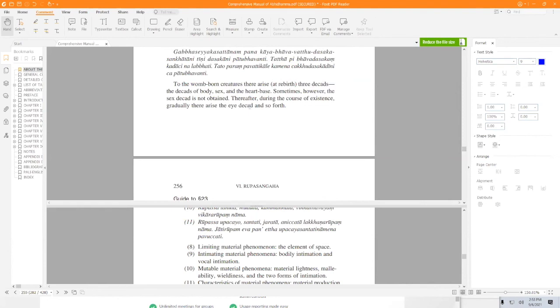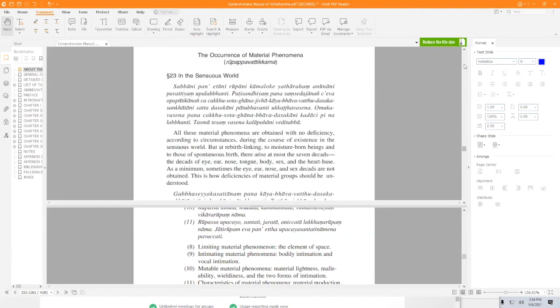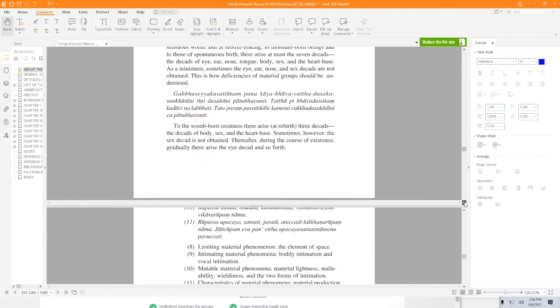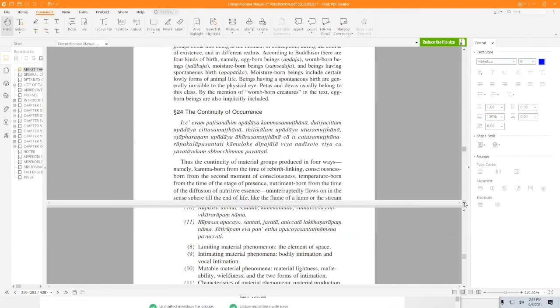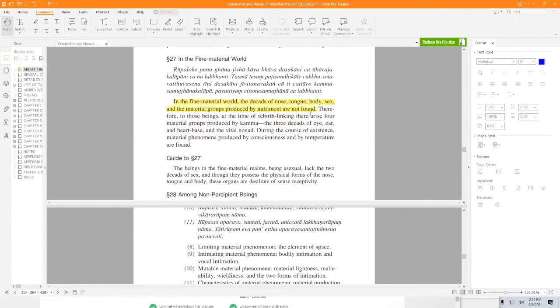I think that might be dealt with in one of the sections that we passed over. Anyway, I think the occurrence of material phenomena in the sensuous world... Oh, in the fine material realm, it says that the decads of nose, tongue, body, sex, and the material groups produced by nutriment are not found there.